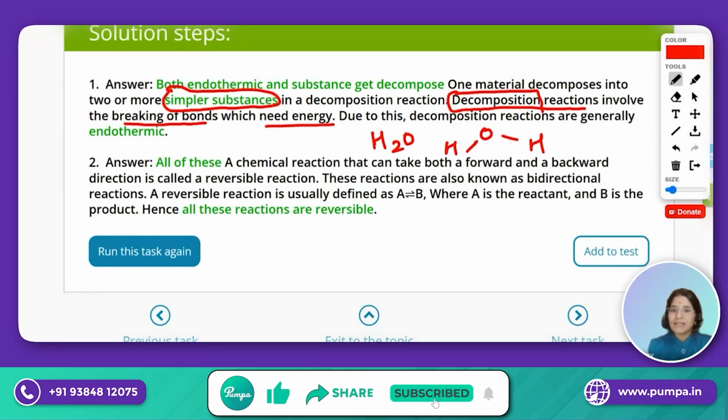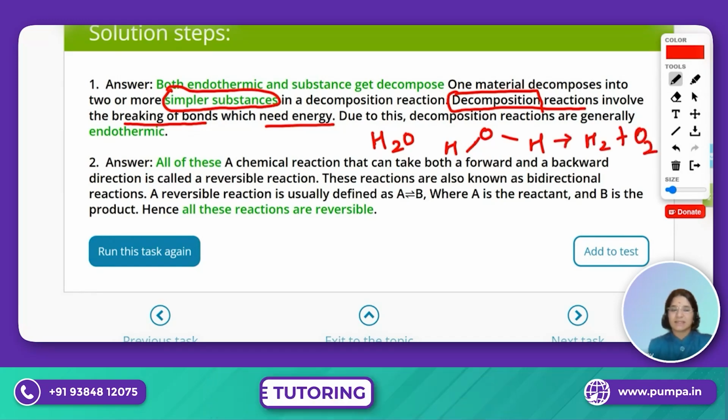If you separate it into hydrogen gas plus oxygen gas, then definitely you need to break the bond between the oxygen and hydrogen. Only then will you get hydrogen and oxygen separately.